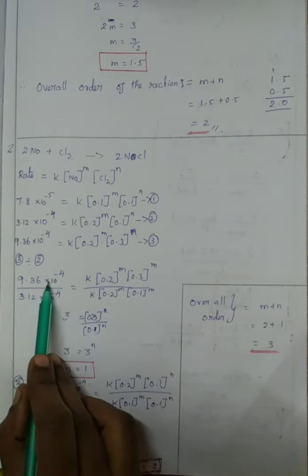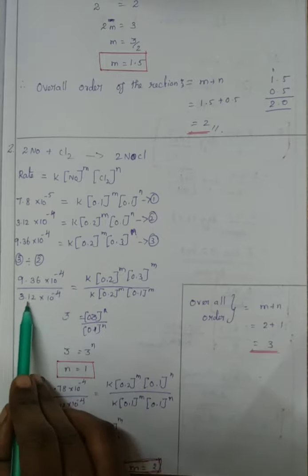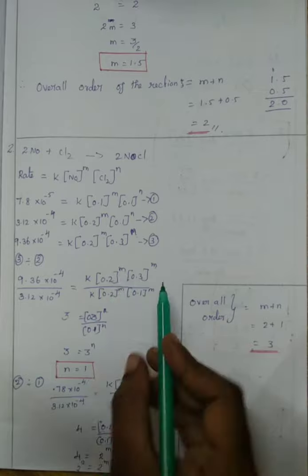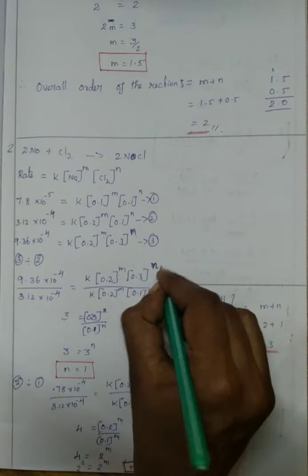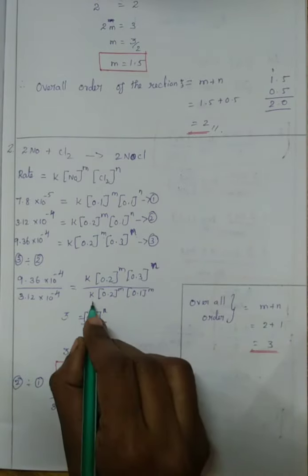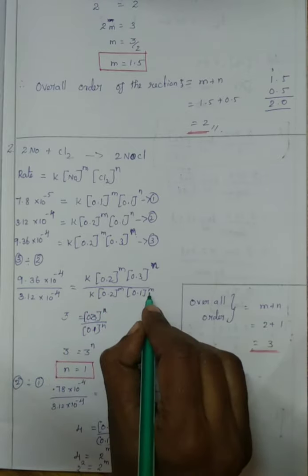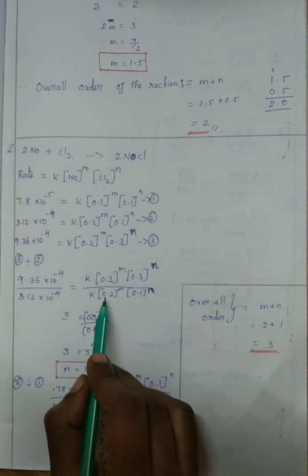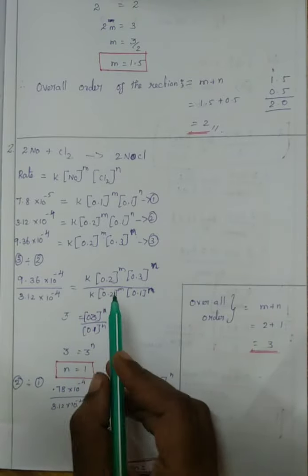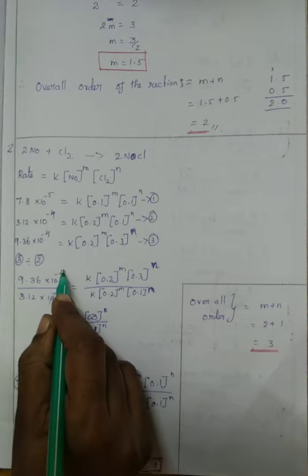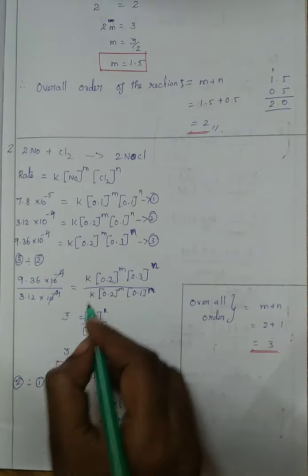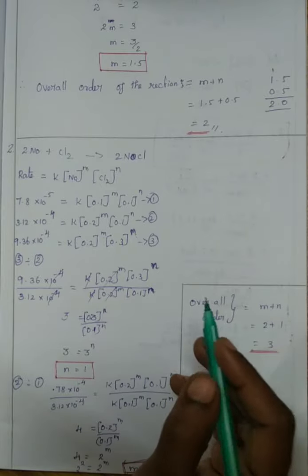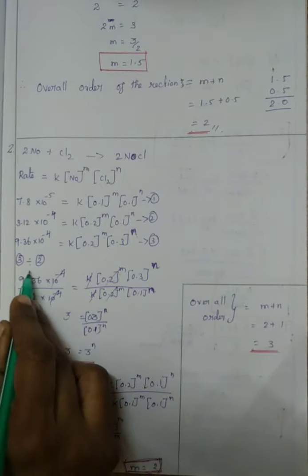So 9.36 into 10 power minus 4 divided by 3.12 into 10 power minus 4 equals K, 0.2 power M, then 0.3 power N, divided by K, 0.2 power M into 0.1 power N. Now I am going to cancel: the 10 power minus 4 will be cancelled, K and K will be cancelled, and 0.2 will be cancelled. If I cancel this, I get 3.